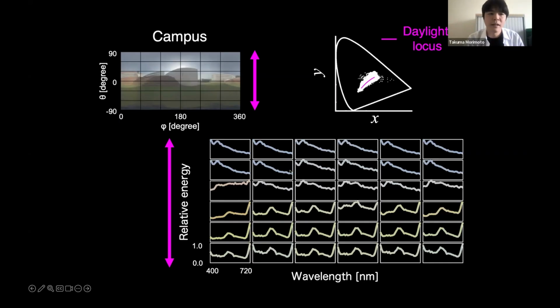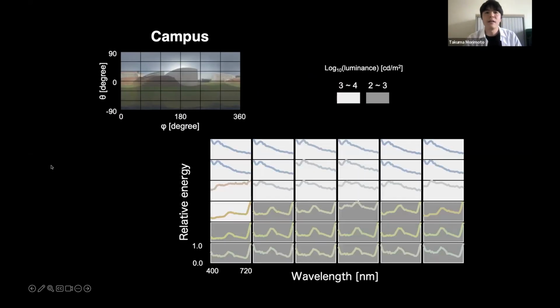In this plot, each spectrum is normalized individually, so intensity information is basically lost. I have just added the intensity information by background color.